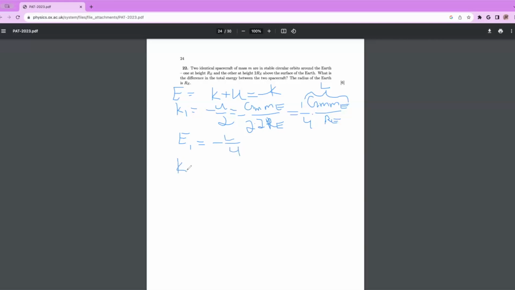And so the kinetic energy of the second spacecraft is also going to be the potential energy over 2 times the negative, or at least this is how I believe it goes. Since this is a distance 2R_E above, the distance is going to be 3 times the radius of the Earth, and there's going to be a 1/2 factor there.